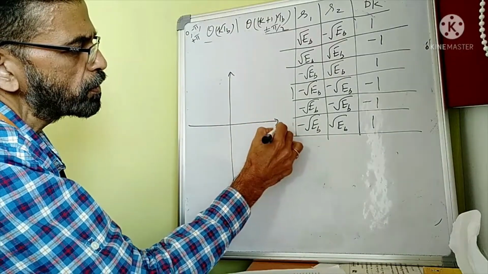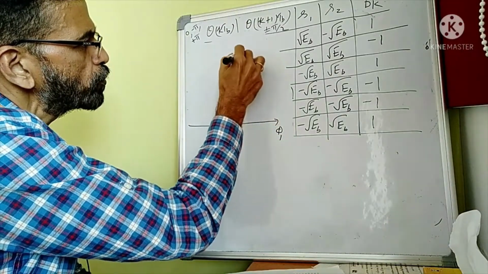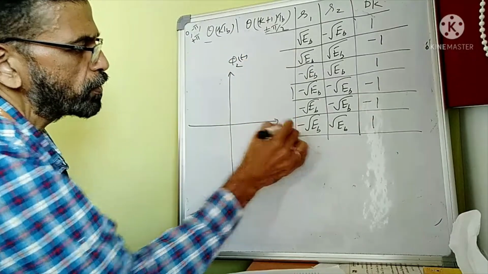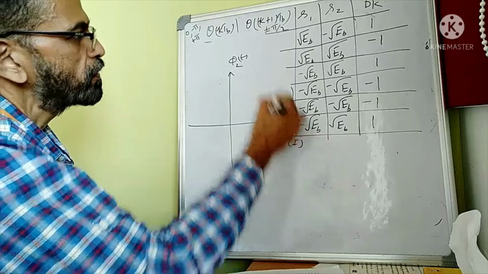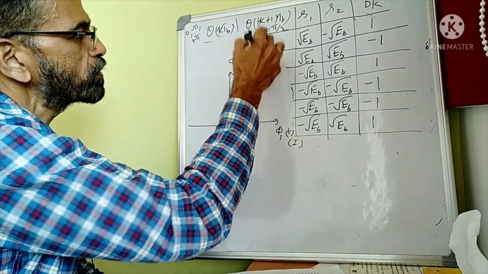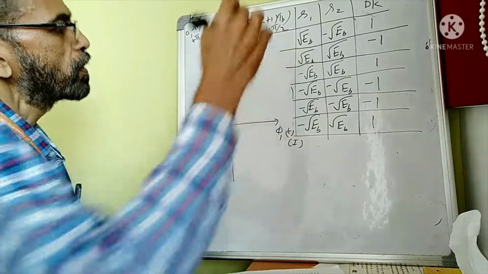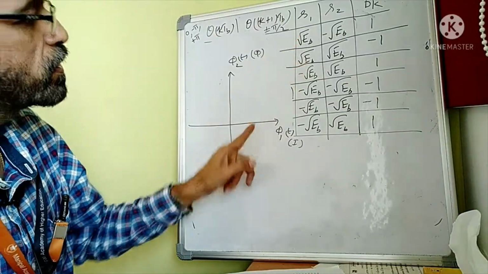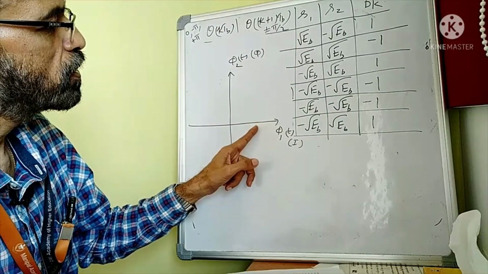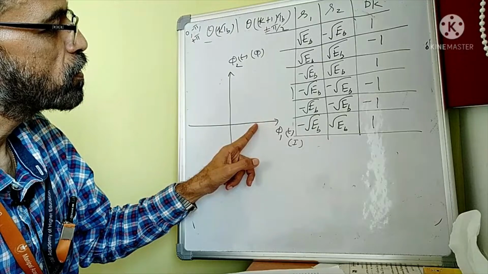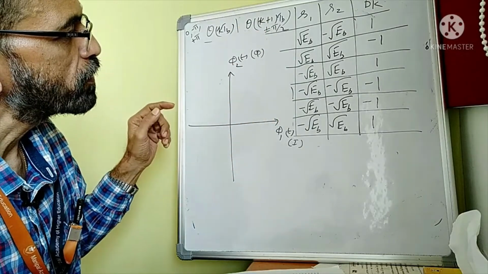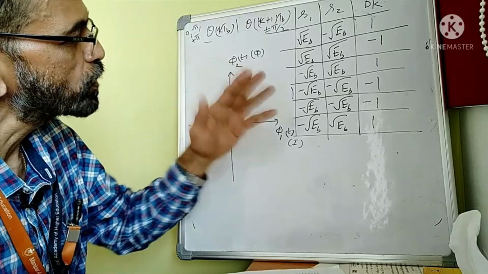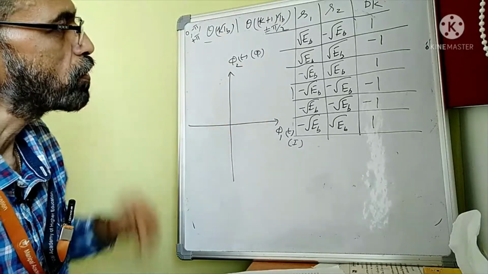Phi 1, phi 2. We can also call this in-phase and quadrature. And you can see that S1 is the projection along in-phase and S2 is the projection along the quadrature phase, or you can say that S1 is the component along phi 1, S2 is the component along phi 2.